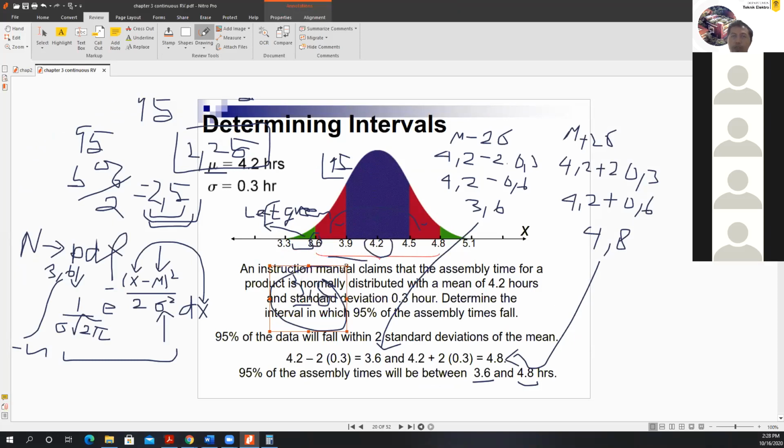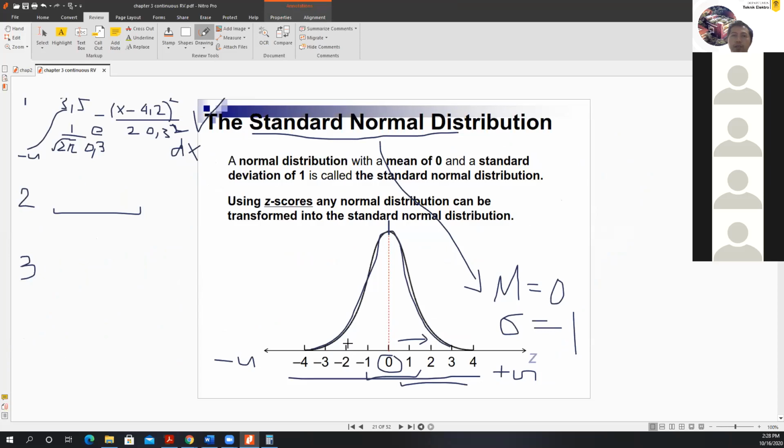Left side of the mean. So it should be around here, equivalently around here, 3.5. So how to compute the Z variable here?